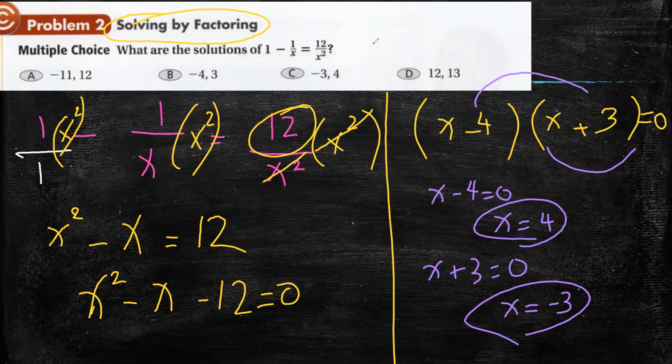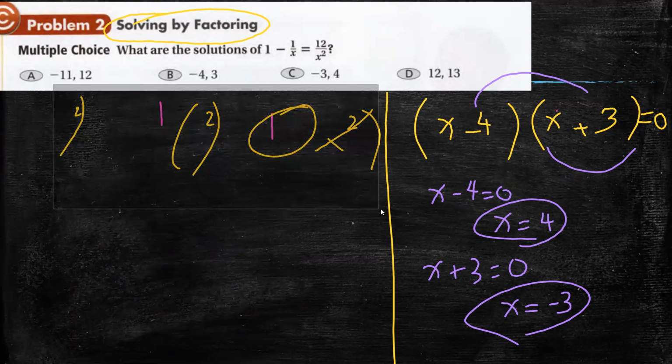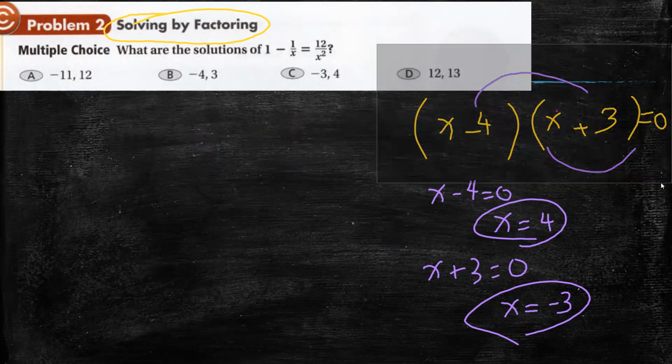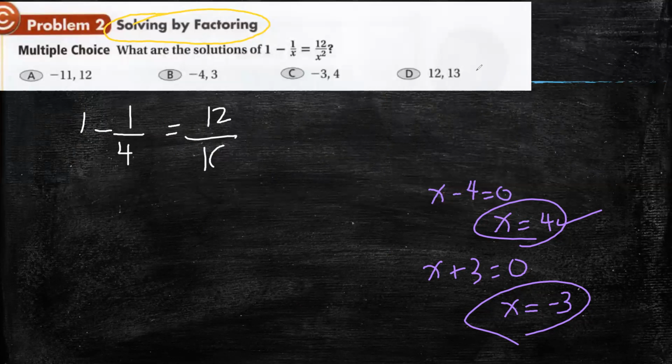So here we have 4 and negative 3. Now, let's check our solution. Let's start with x equal 4. 1 minus 1 over 4. Is it 12 over 16, which is x squared?